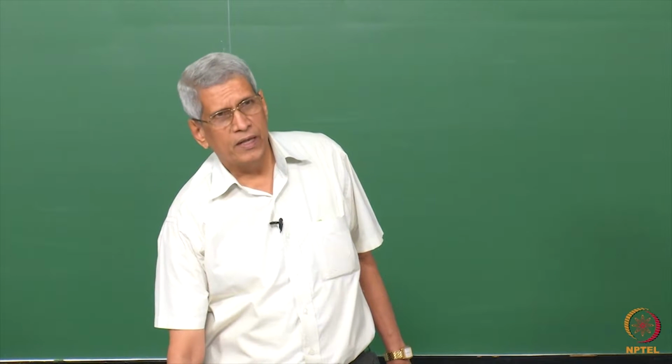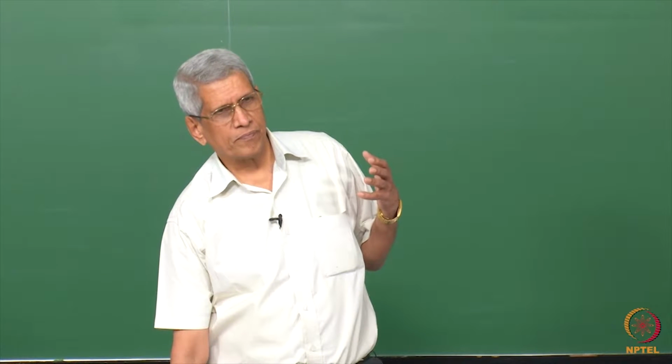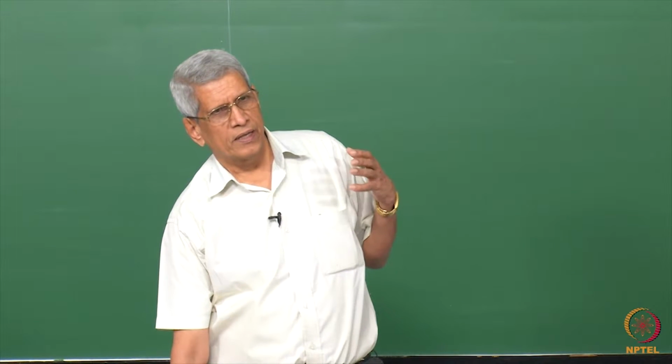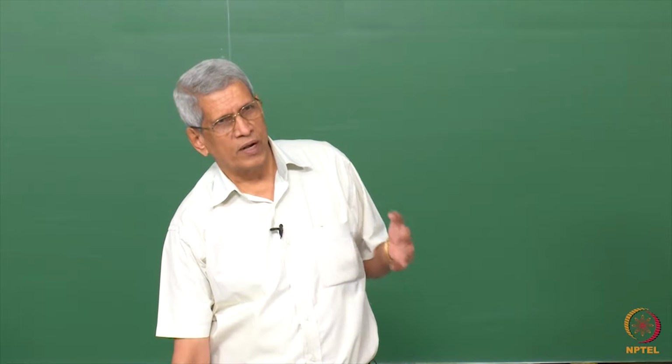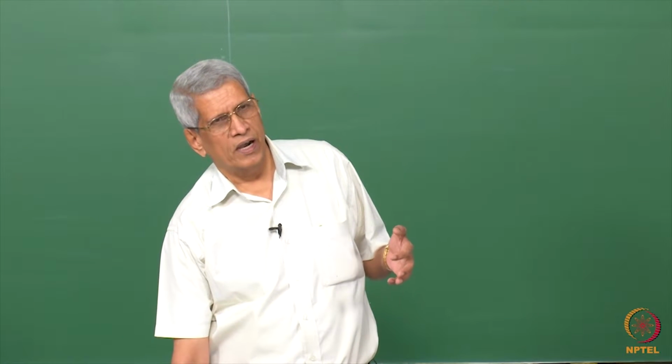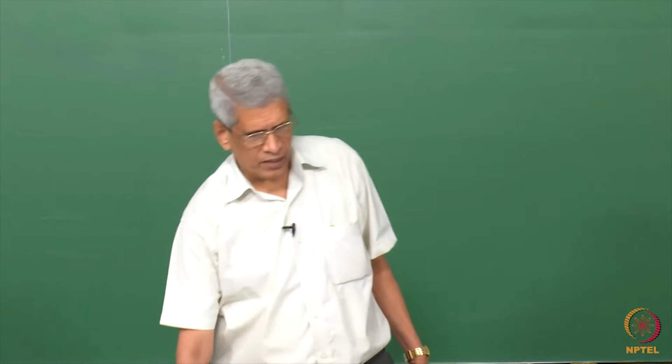So having had the brief in the last class, we had looked at the surface energy, and then also what are the different types of classification of interfaces which we have looked at.